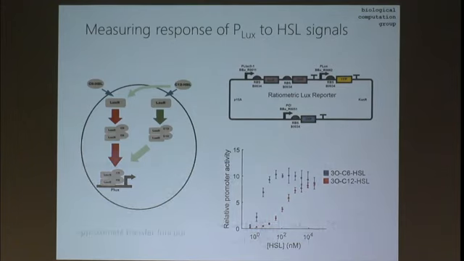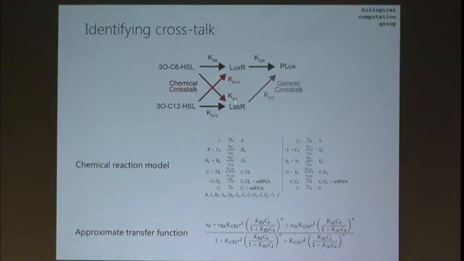To help us to do this, we built a mathematical model that described all the possible interactions in the system. So we have that C6 can bind to LuxR, C6 might be able to bind to LASR, and then C12 might be able to bind to each of those as well. And then we might have genetic crosstalk here, or it could all be mediated via chemical crosstalk. So this reaction system describes all of those interactions.